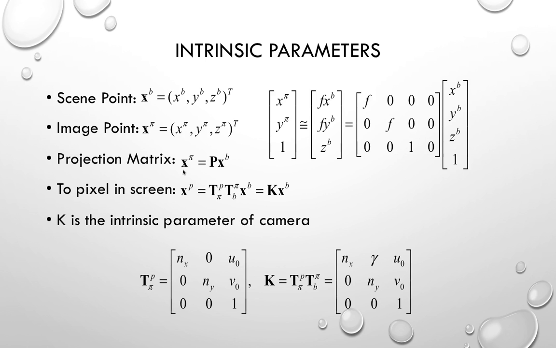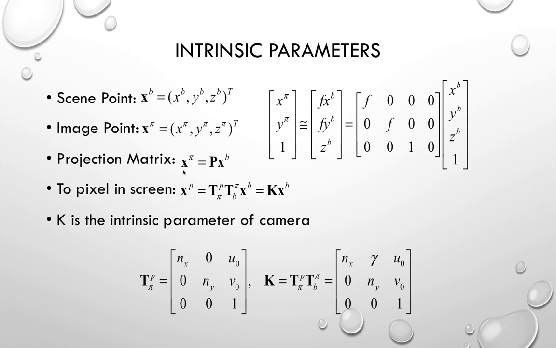First, let's discuss the intrinsic parameters. We call them intrinsic parameters because they are related to the camera itself. First, we define a sense point, which means a real physical point in the body coordinate. We denote it as xb.